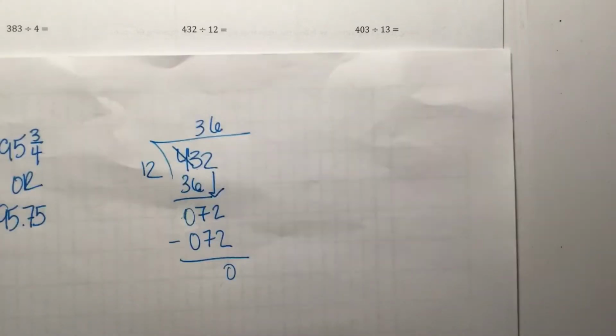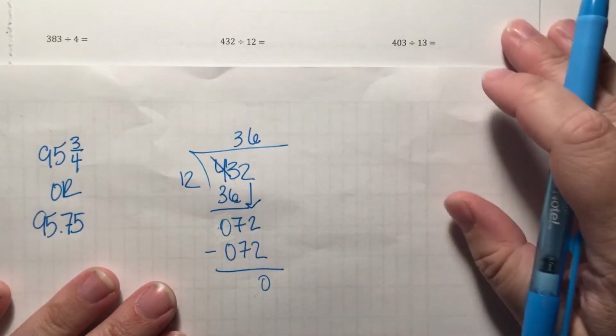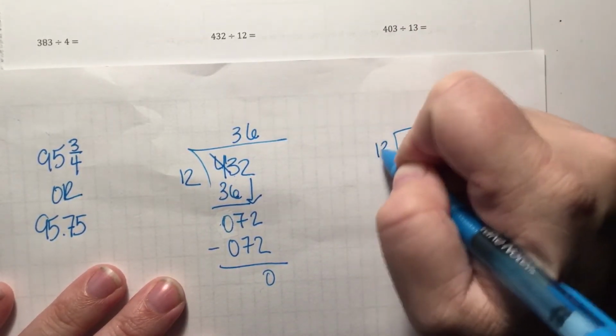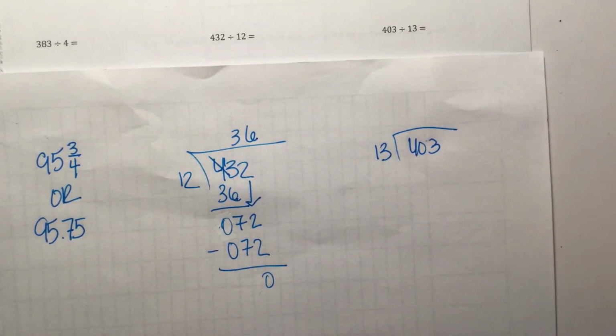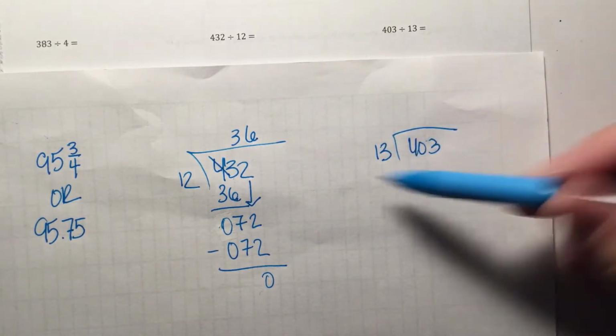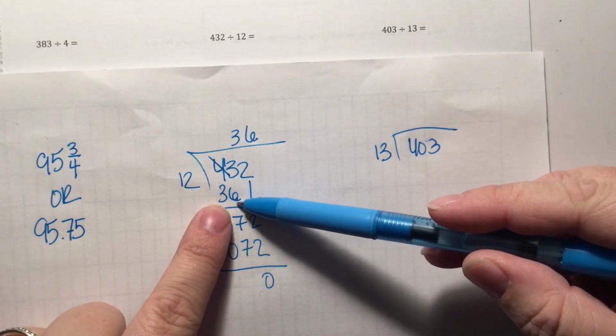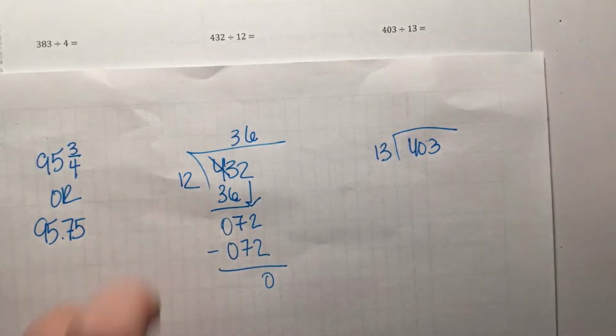Okay, so now let's do number 3. We have 403 divided by 13. I'm going to be honest with you, I don't know my 13s as well as I know my 12s, right? I think we're all kind of that way. But we just did our 12s. So 13 and 13 I know is 26.